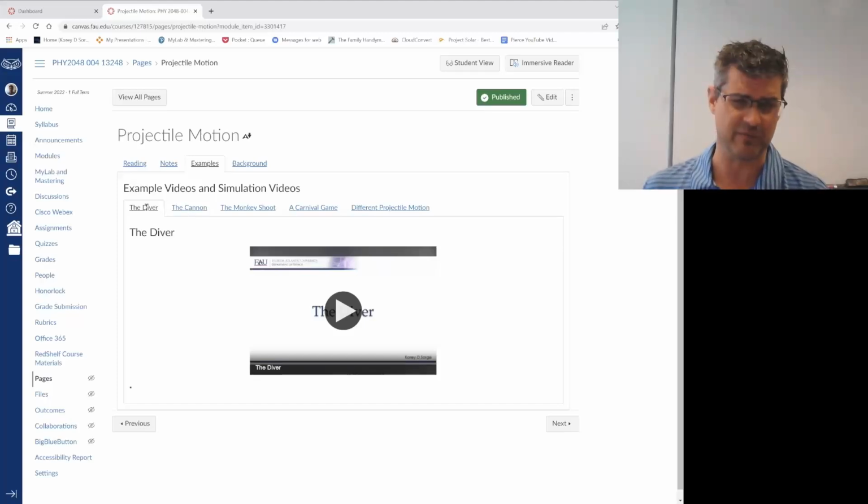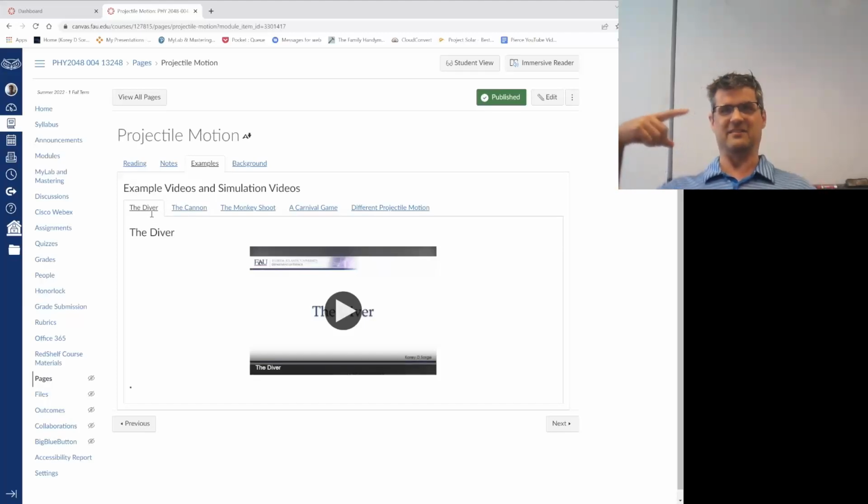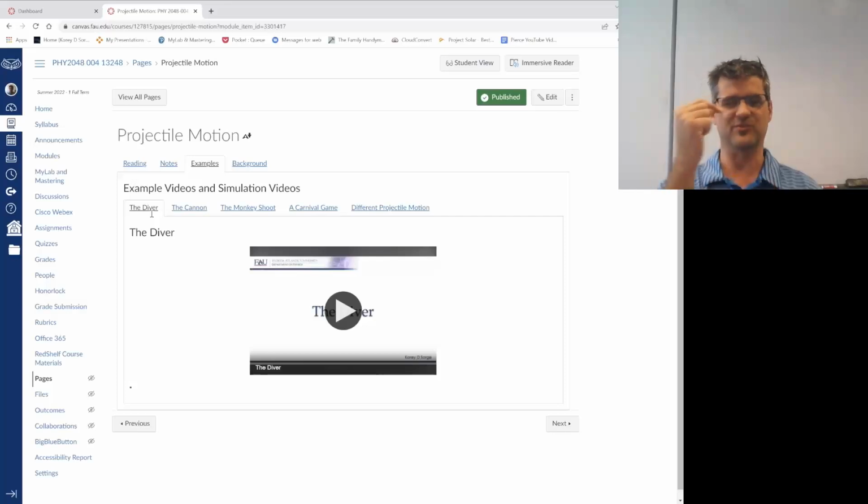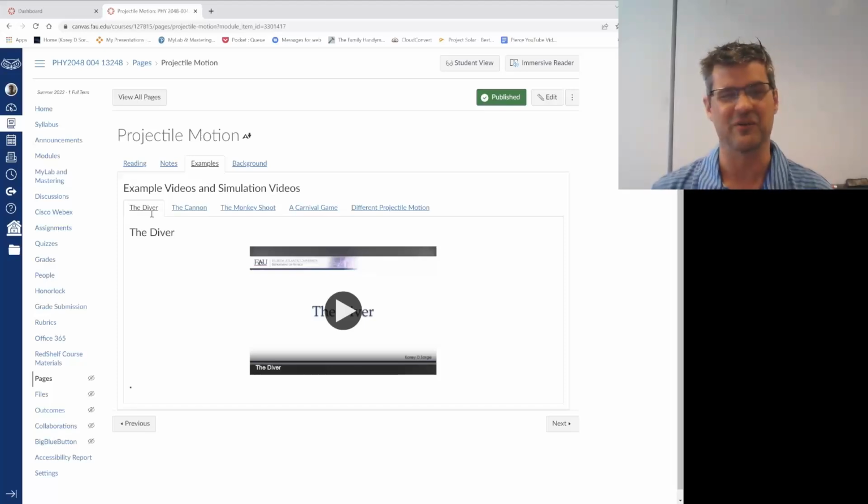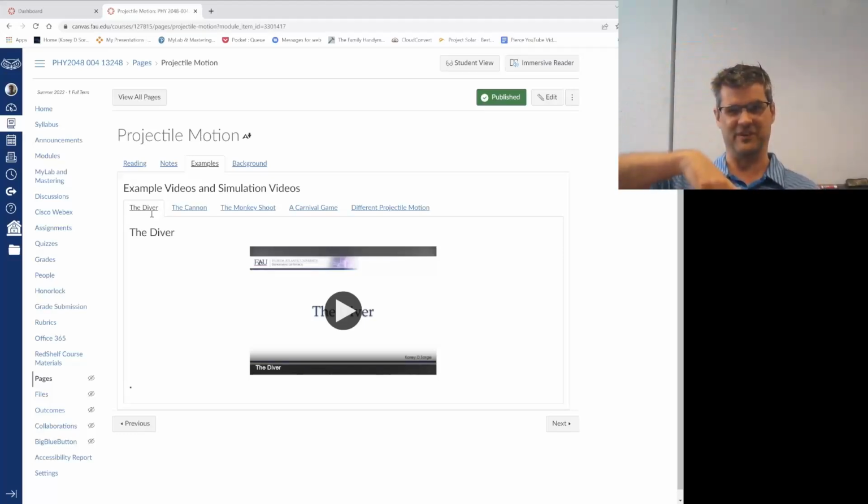In this diver problem, what we have is some diver jumping off of a cliff trying to make it into the water pool below. But there is a step. The diver has to be going sufficiently fast or it's not going to clear the step. So this is one of those problems where I have something going on in the vertical direction, the diver is going to fall from the cliff.